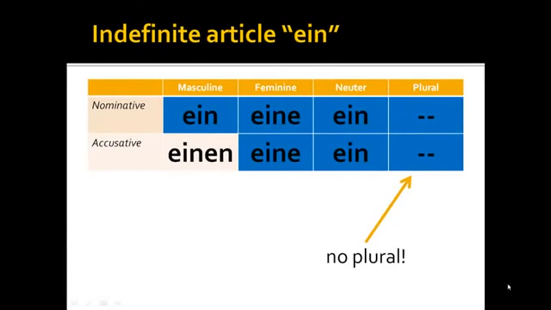And it manifests the following pattern of declination that you see on your screen. Everything essentially stays the same in the feminine and neuter, in both nominative and accusative, whereas ein in masculine changes to einen in accusative. The indefinite article ein doesn't have a plural form.